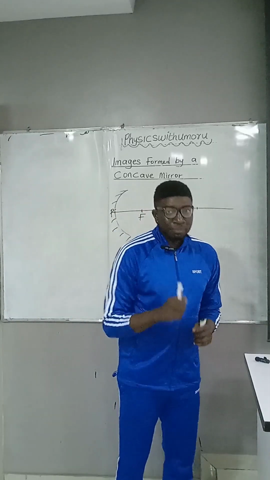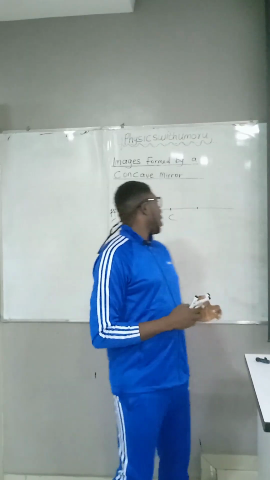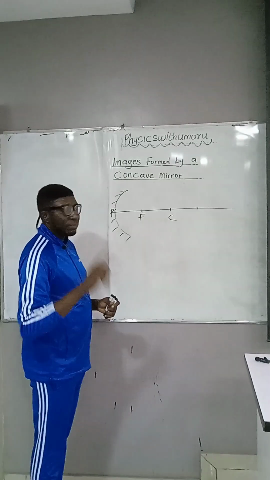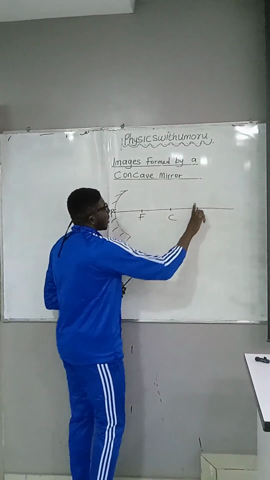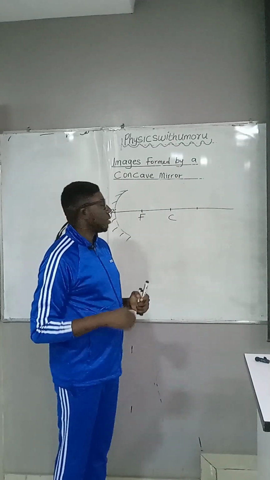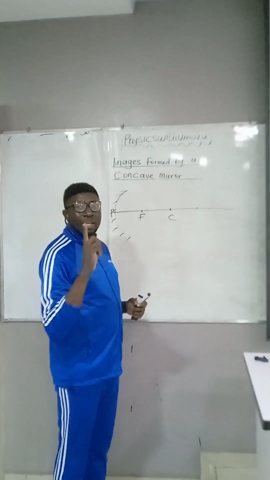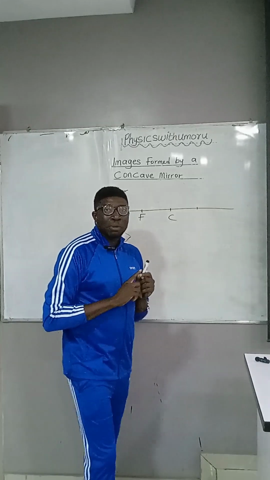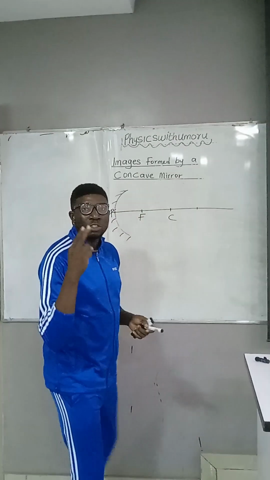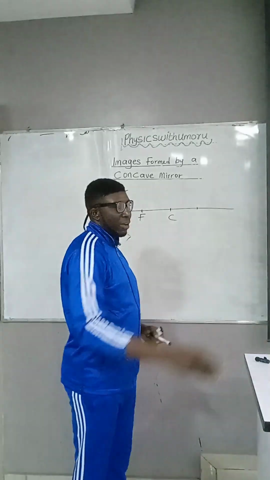Now, listen to the following. You are going to take note of the following. Number one is that when an object is standing in front of the mirror, I'm going to be using two rays from this object. One of the rays must be parallel to the principal axis, and the second ray must be diagonal.